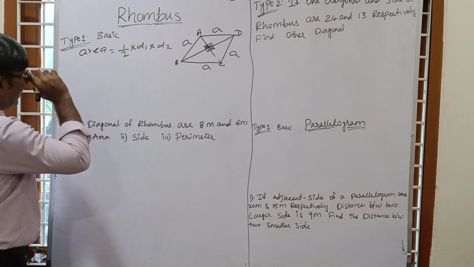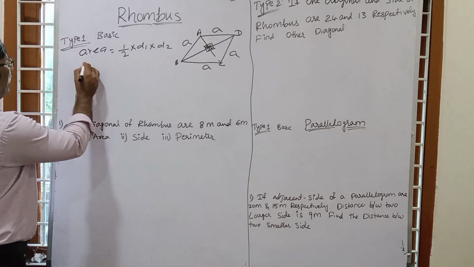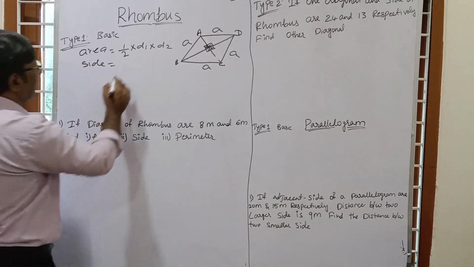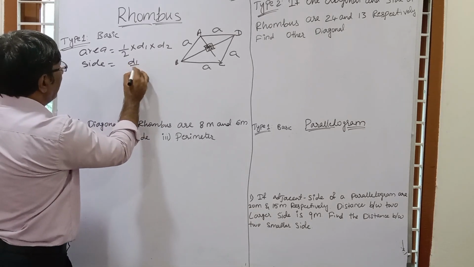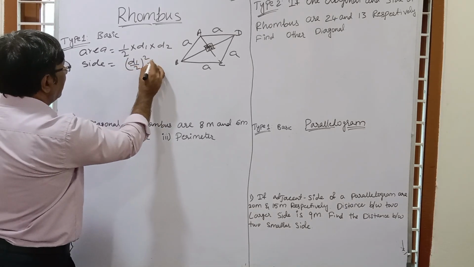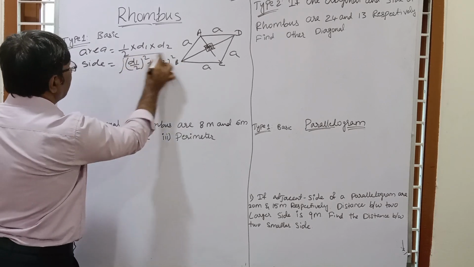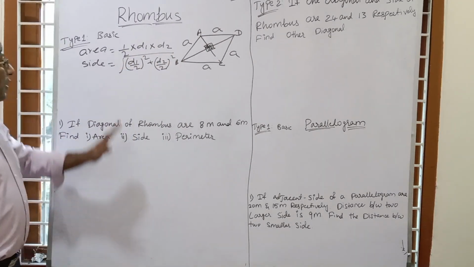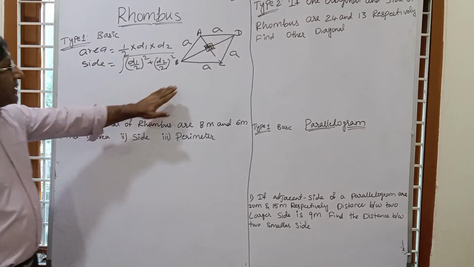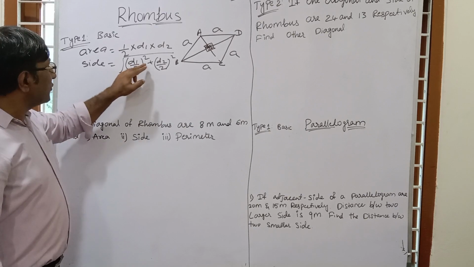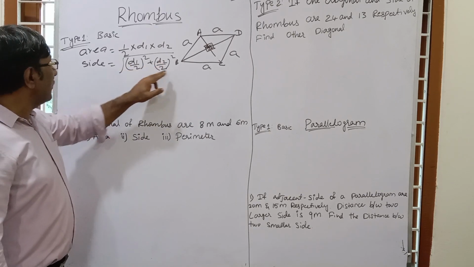Now the second one: finding the side of a rhombus. The side of a rhombus is the square root of (D1 by 2) whole square plus (D2 by 2) whole square. This is the second basic formula of the rhombus. If the diagonals of the rhombus are given, then take half of the first diagonal squared, half of the second diagonal squared, and take the square root.